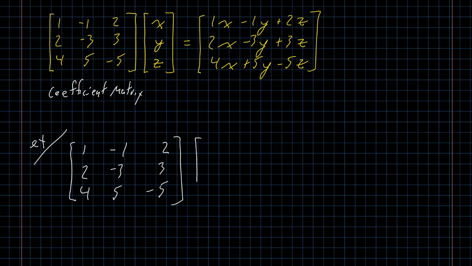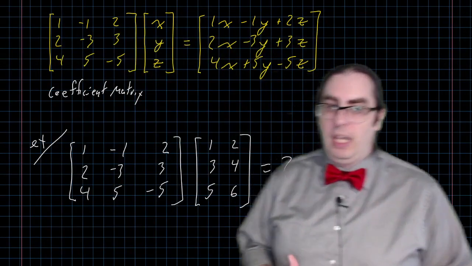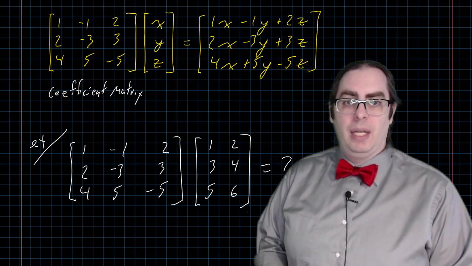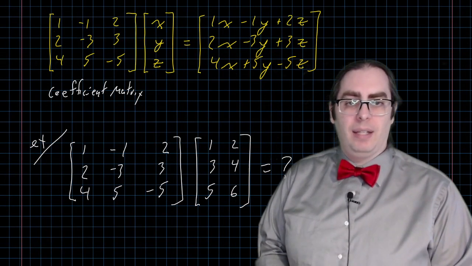And I'm going to multiply this by a 3 by 2 matrix, the very boring one that we've used several times, 1, 2, 3, 4, 5, 6. All right, I would like you to take a couple of minutes and work through that calculation, see what you get there. And I'll see you in the next video.